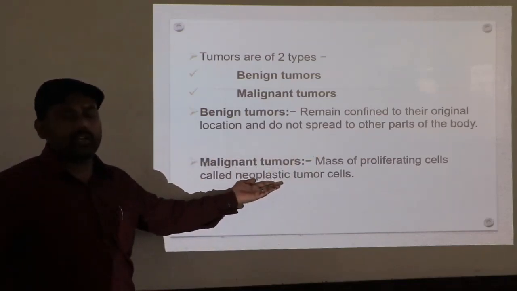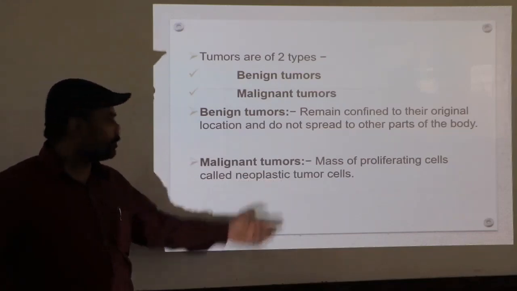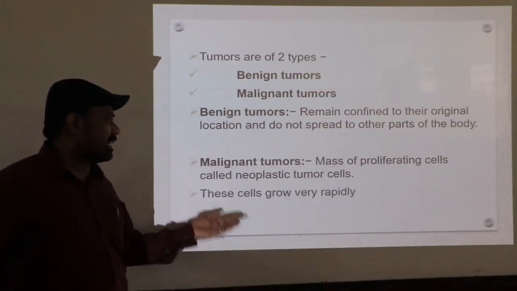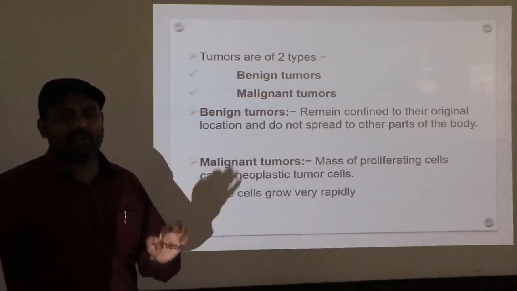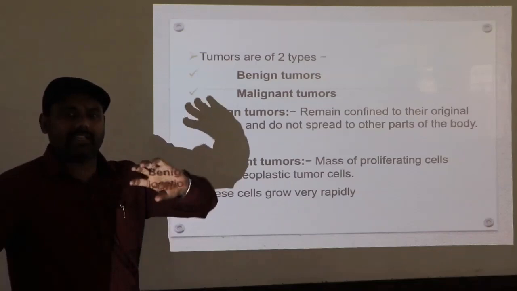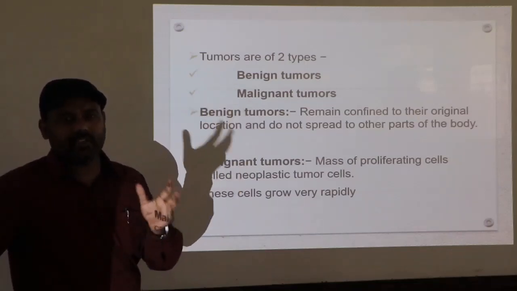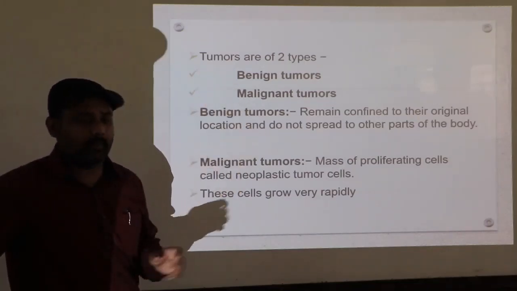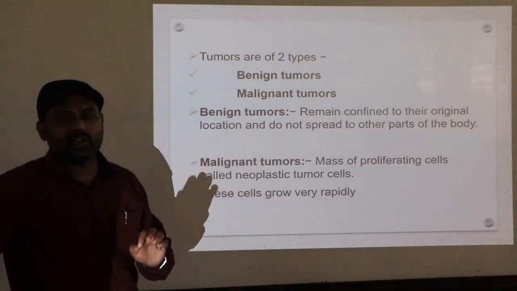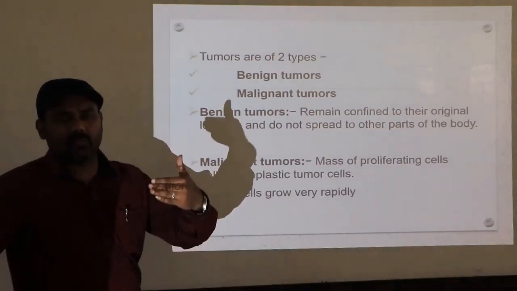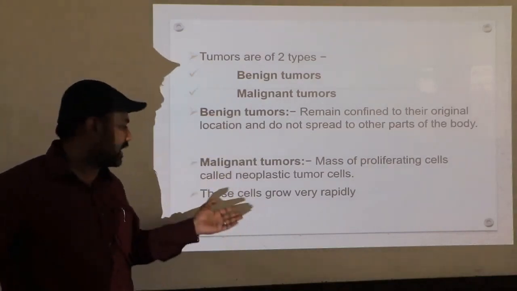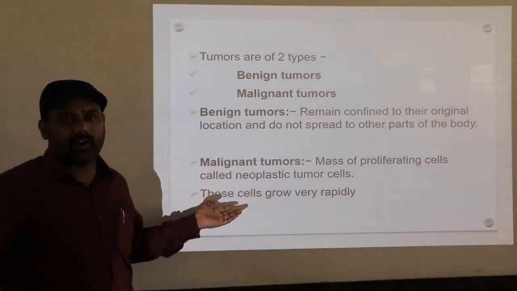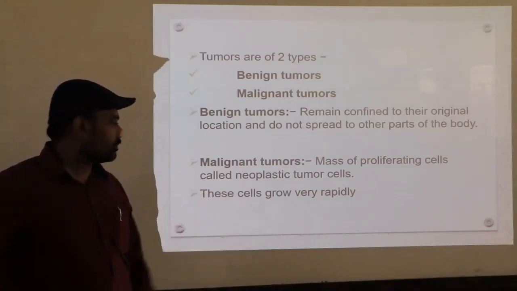These cells grow very rapidly. Why? Because as I told you, each and every normal cell has a normal sequence in case of mitosis or meiosis. But in case of cancerous cells, there is no regulatory sequence. So by dividing continuously, rapid multiplication is present in these neoplastic or cancerous cells.